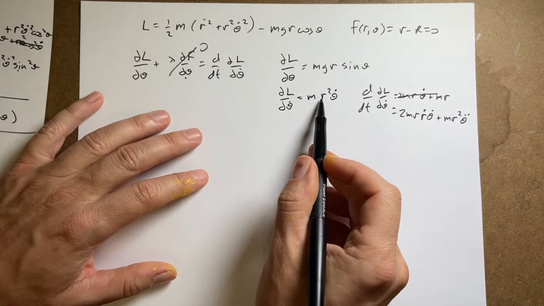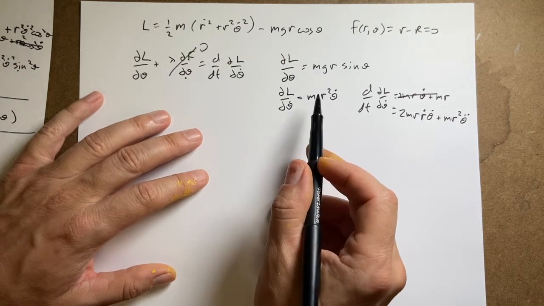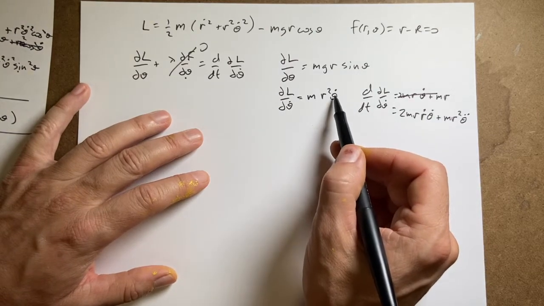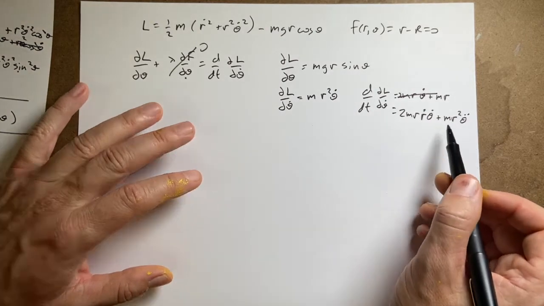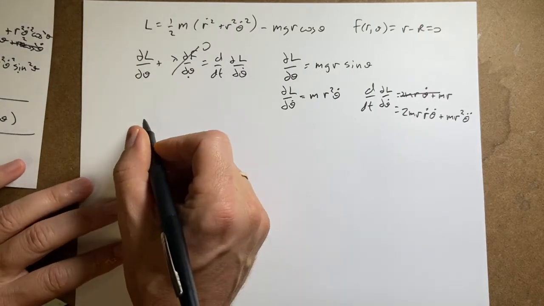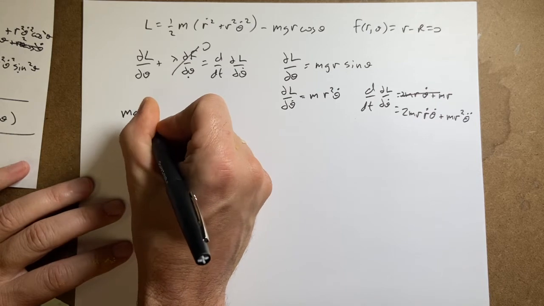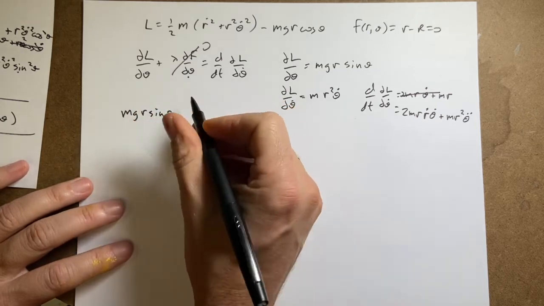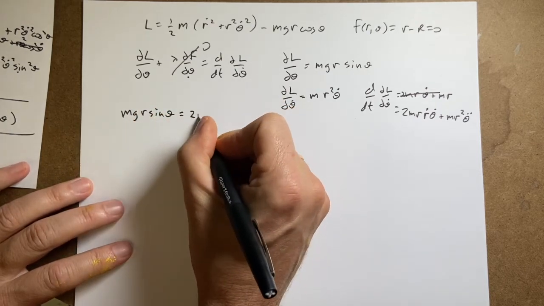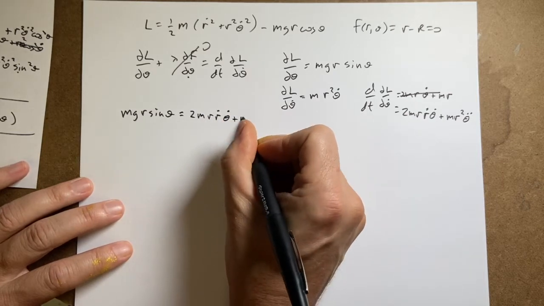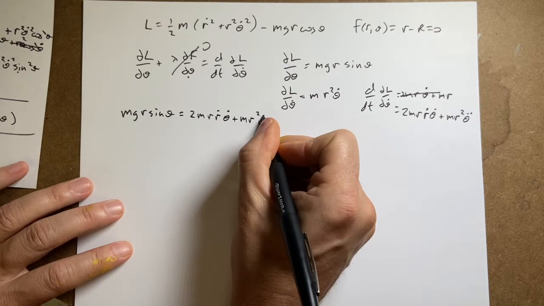Because I take the derivative of this term, I get 2r, then I can take the derivative of r, which is r dot. And then I do it again with this, and the derivative of theta dot is just theta double dot. There you go. So let's put this together, and I get mg r sine theta equals 2mr r dot theta dot plus mr squared theta double dot.